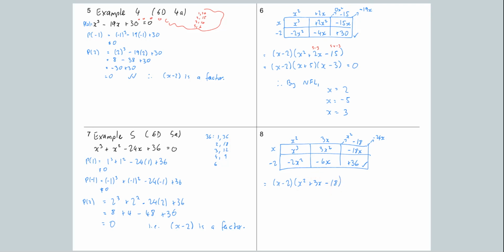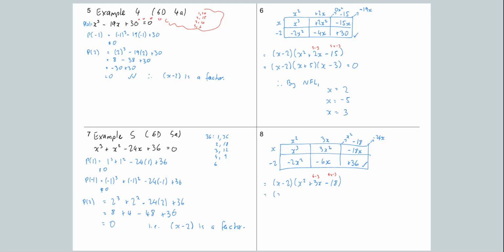So by inspection, I'd have to say nothing. Oh yeah, positive 6 and negative 3 will work for this. 6 times negative 3 will give me negative 18, and 6 minus 3 will give me 3x. So it is factorizable.